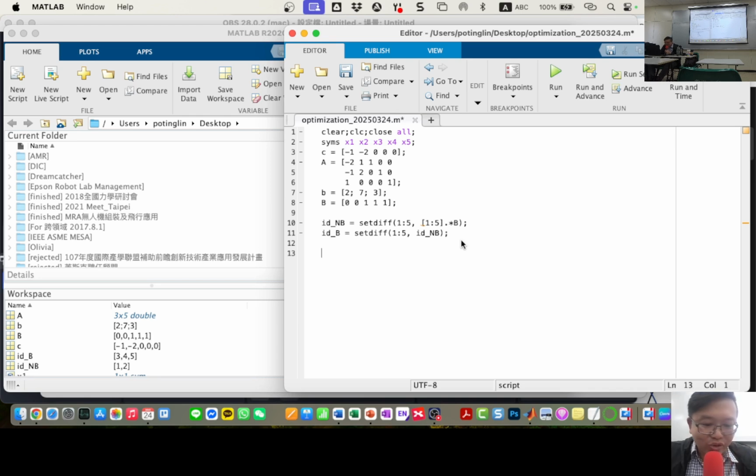Why do I need it? Because I need to do C ID of non-basic minus C ID of basic times AB, so A ID of basic and the whole thing, inverse times AN, so A ID of N and the whole thing.